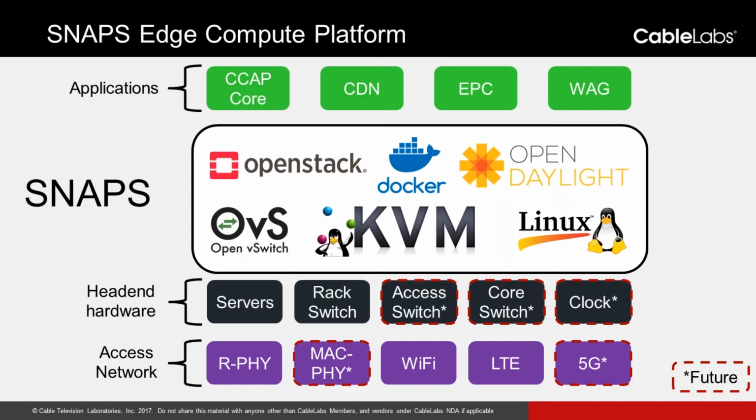Our open source components, we have our OpenStack at the core. We do run Docker and Kubernetes right now. We use Docker both to manage our OpenStack instance, which reduces the overhead needed to run OpenStack and makes it much easier to manage the platform, as well as run containers in the VMs on top of OpenStack. KVM is the hypervisor that we're using.